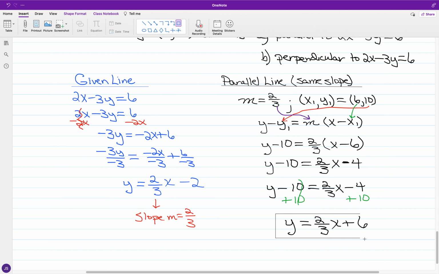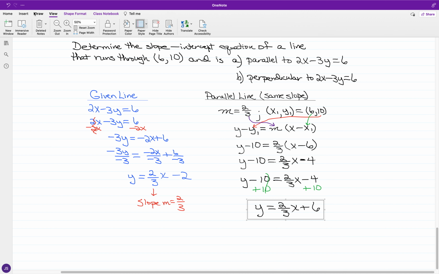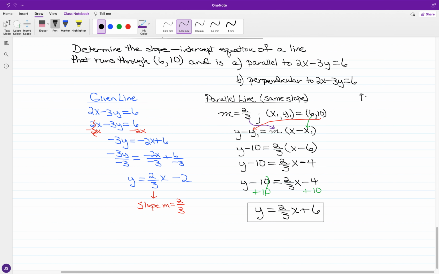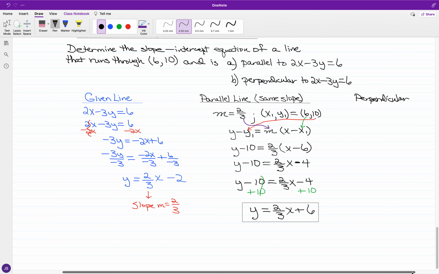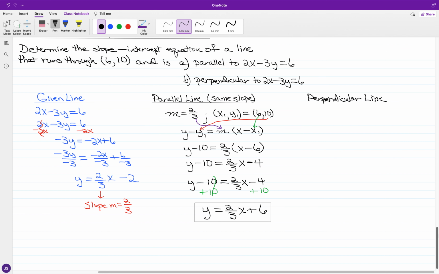for the parallel line. Now for the perpendicular line, you're not going to have the same slope. Again, you have opposite sign reciprocal slopes, and that means that the product of the slopes will be negative 1.